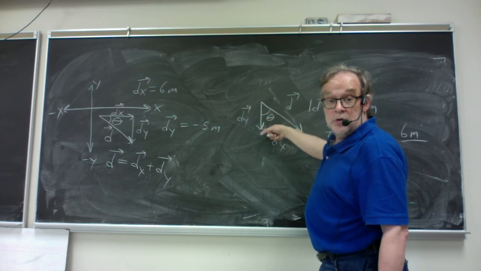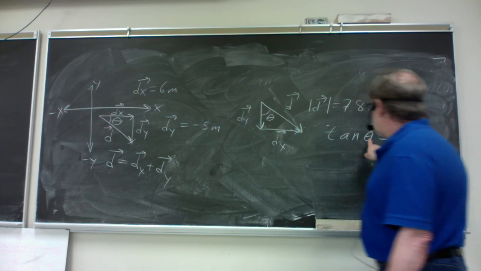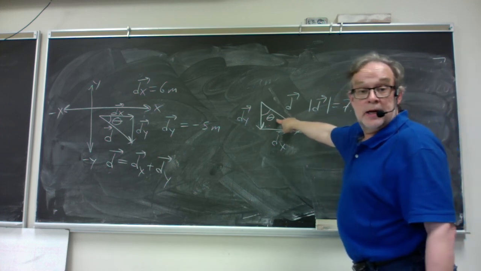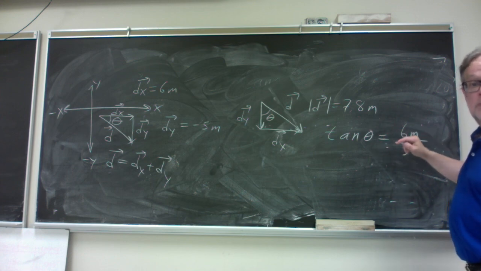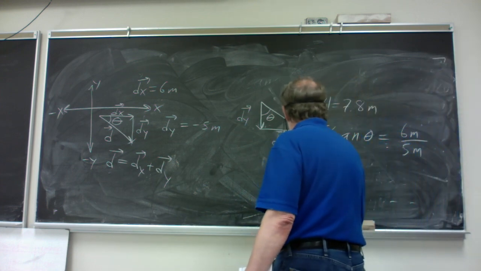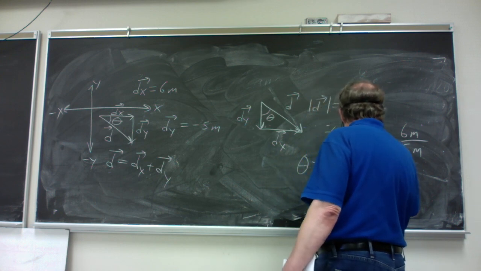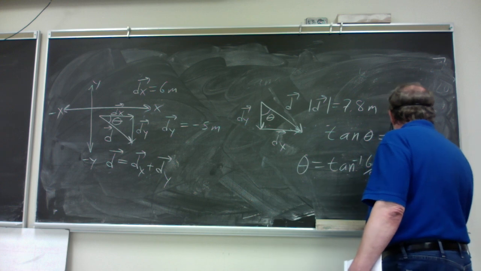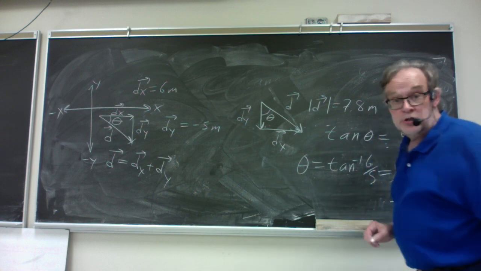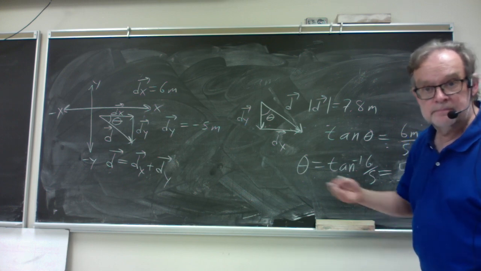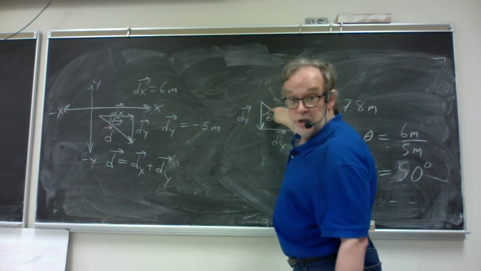So length of this side corresponds to magnitude of dy, which is 5 meters. So this direction angle is a number that has 6/5 for its tangent. So the angle is the inverse tangent of 6/5, which comes out to 50 degrees. Not surprising because this angle here was 40 degrees.